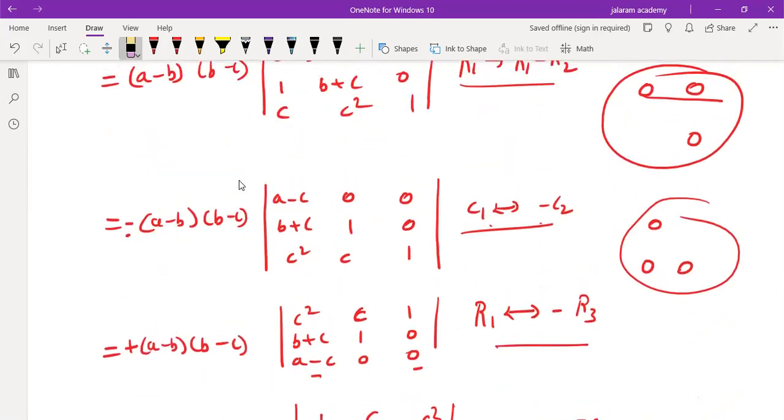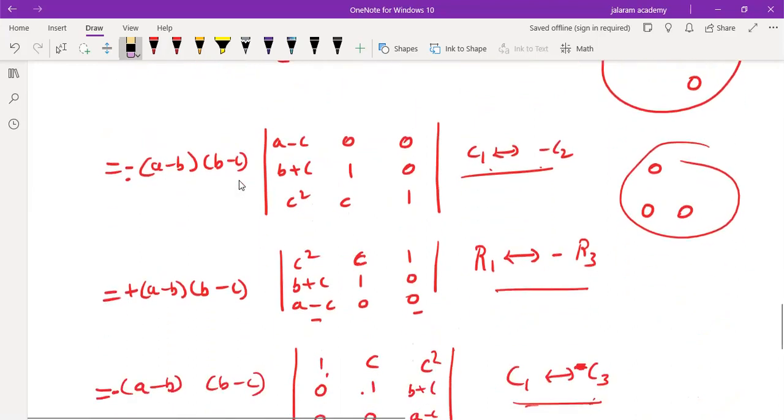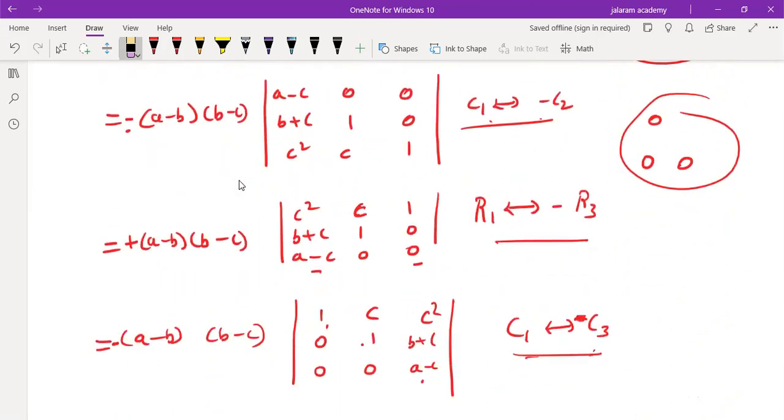So after doing this, we will make it either upper triangular or lower triangular determinant, for which we will interchange R1 and R3. So R1 becomes R3, R3 becomes R1 from the previous. Again, there are 3 zeros.